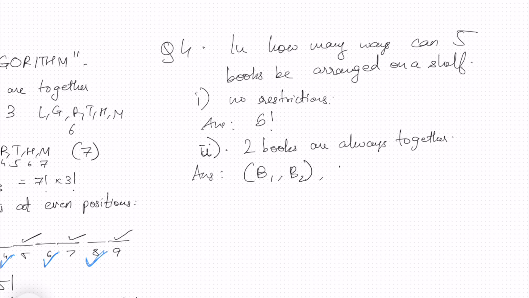We take B1, B2 as one group, one cluster of 2 distinct objects, and we treat that as a distinct object of its own. So we have 1, 2, 3, 4, and this we can arrange in 4 factorial ways, or 4p4 ways, and then I must also arrange B1 and B2 amongst themselves. That I can do in 2p2 ways.